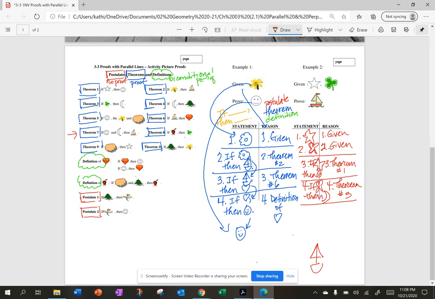So if I have a smiley face and a moon, then I can get a boat. So 5, if smiley face and a moon, then a boat. And that is theorem number 7. Okay, so I am just trying to connect beginning to end, just like what we did when we did our conditional project.